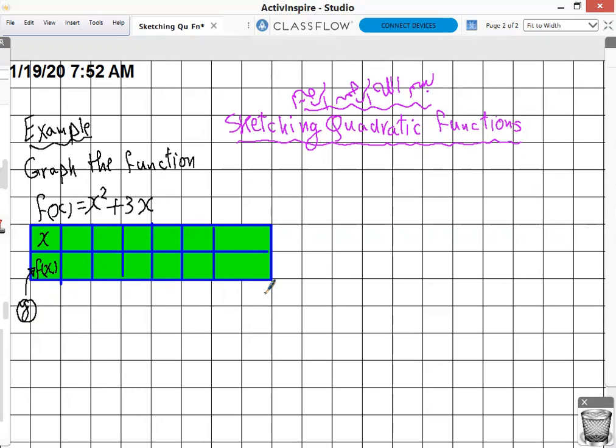Then to put your values of x, some students asked me, teacher, how can we put values of x? Then I'll tell you, it is to get x intercepts.